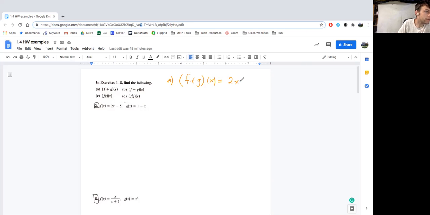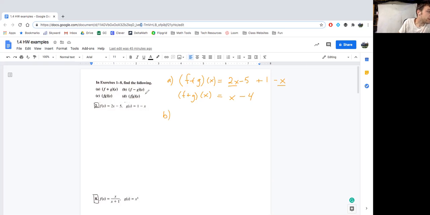So that's 2x minus 5 plus 1 minus x. And this really just becomes a matter of combining like terms. So f plus g of x is equal to x minus 4. 2x minus x is x, and negative 4 from the 1 and the negative 5.